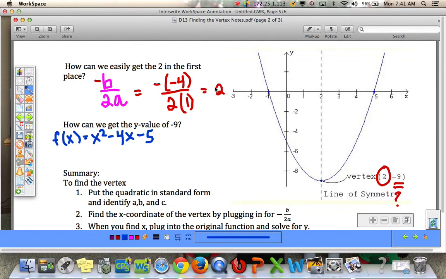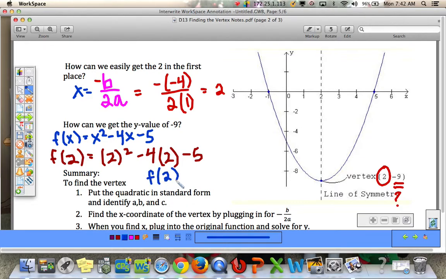We know the x value now. x is 2, so let's plug that in. We'll find f of 2 equals 2 squared minus 4 times 2 minus 5. And if you solve that, f of 2 would be negative 9. And that's our vertex, 2, negative 9.